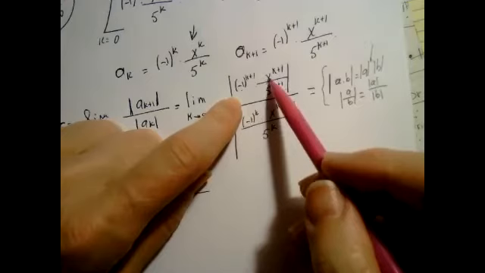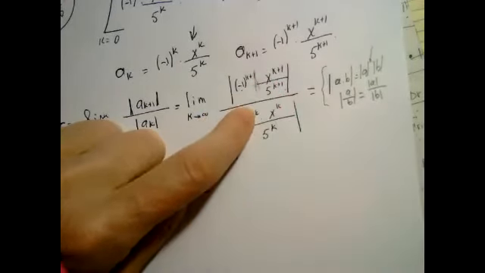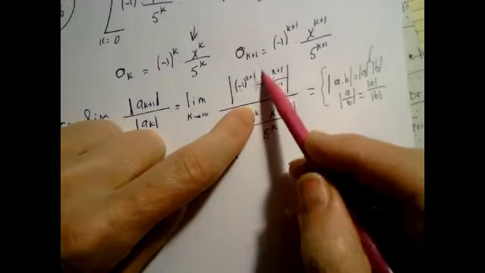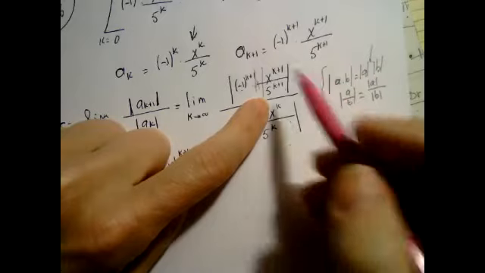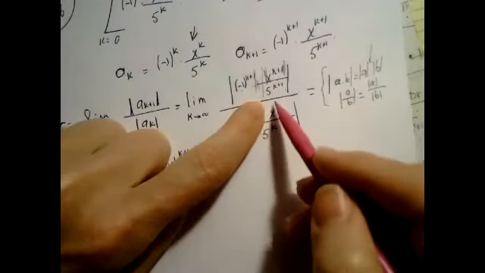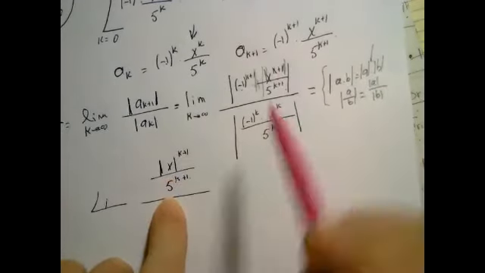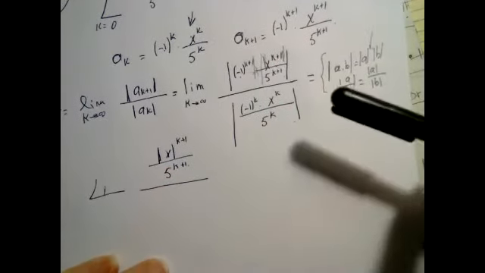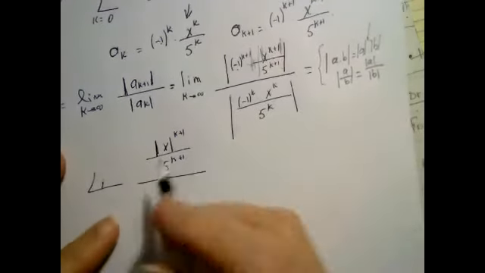And that's exactly what I'm doing here. (-1)^(k+1) times this, so this is multiplied, so I split. It's the absolute value of that, which is 1, times the absolute value of this. Then the absolute value has the property that it's the numerator over the denominator. So I took the absolute value of the numerator divided by the absolute value of the denominator, which is a positive number, so I can get rid of it.